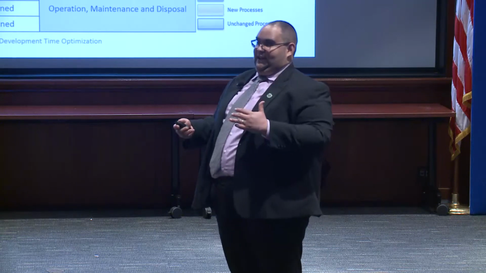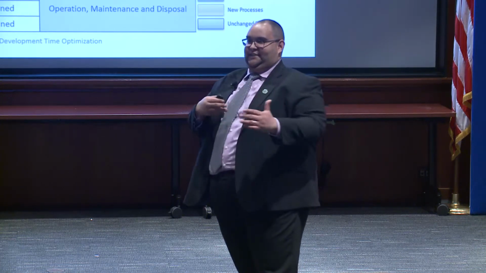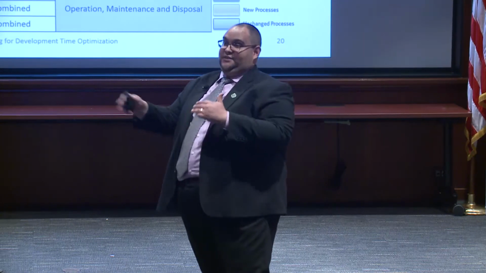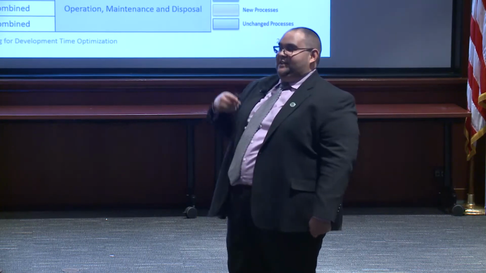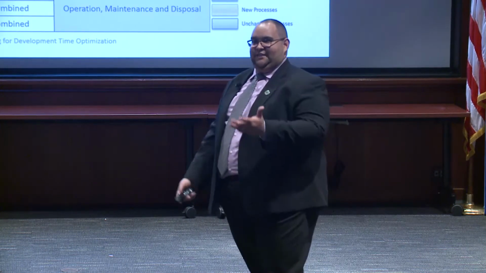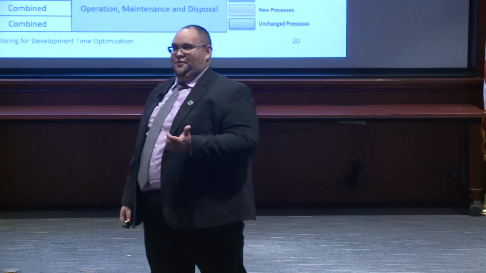In addition to that, there's an extra layer of testing that is needed to now verify and validate your models themselves as part of the additional verification of your design process. So does that answer your question, or is there still more?